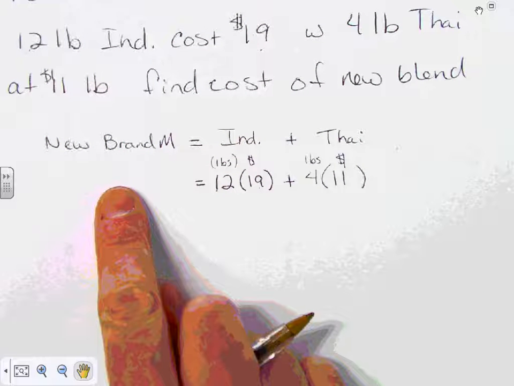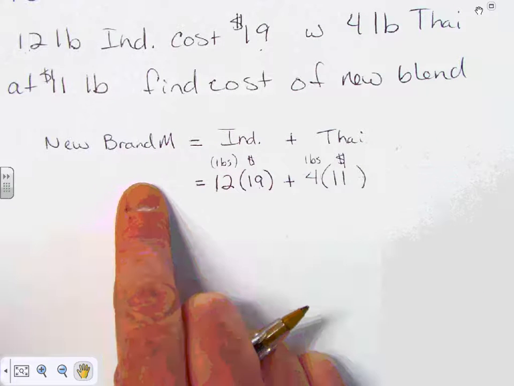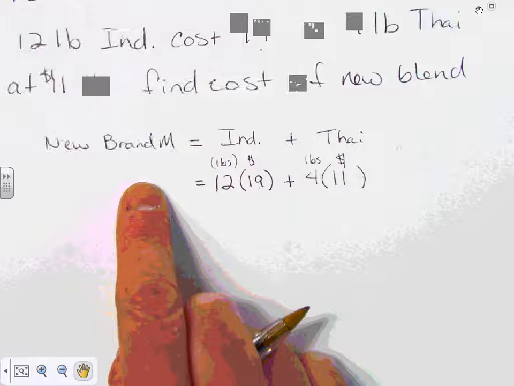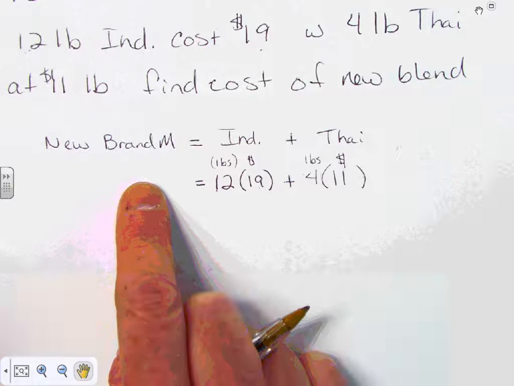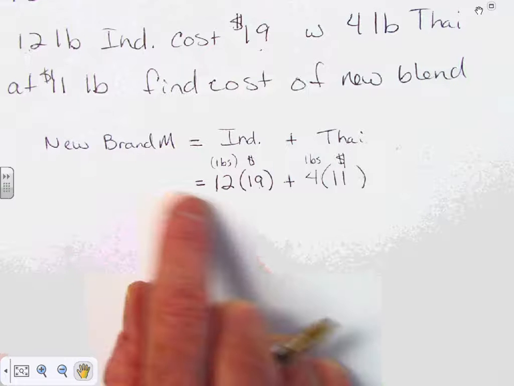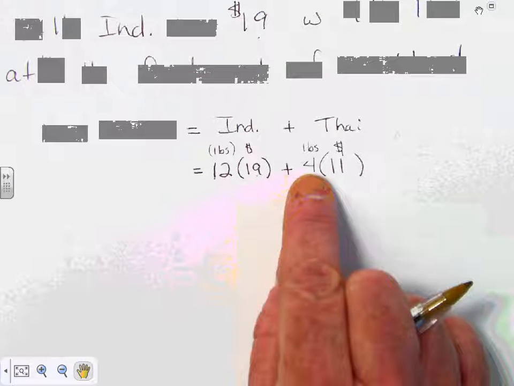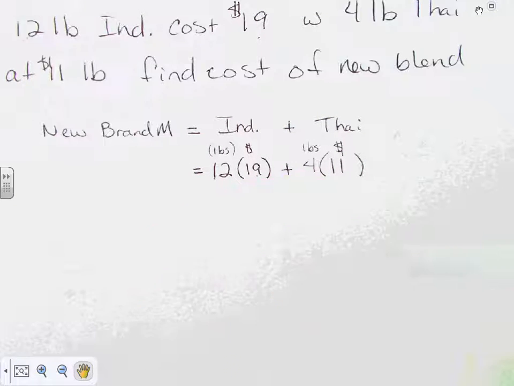Now, I purposely didn't put a number here because I wanted you to realize something. If that original problem had not told you how much cinnamon you were making, could you have figured it out from the information given to you? If I have 12 pounds and I'm adding 4 more pounds, how many total pounds would I have? 16.